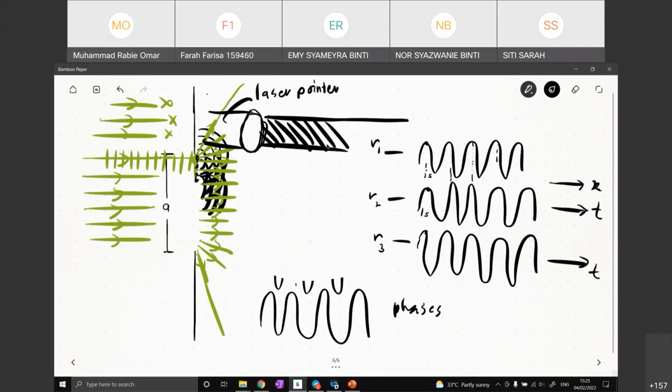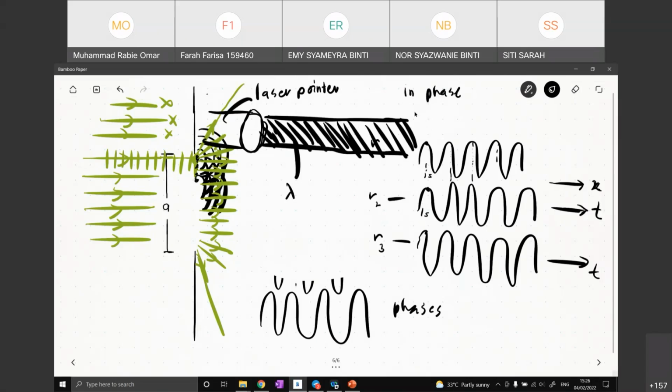And then you can see the beam here. So normally the laser pointer will consist of a single wavelength. You can have red laser, you can have green laser. So it consists of one wavelength. And then of course, the light rays in this particular beam will be in phase.